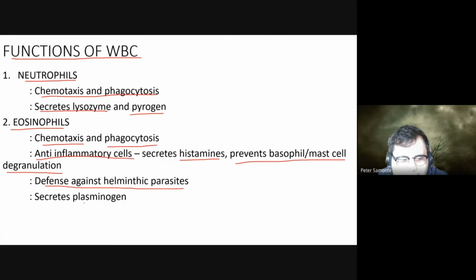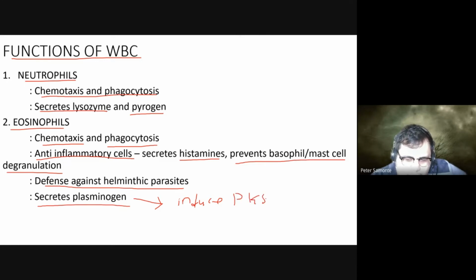Defense against helminthic parasite and would secrete plasminogen. And your plasminogen would induce the production of your plasma cell or the conversion into plasma cell.